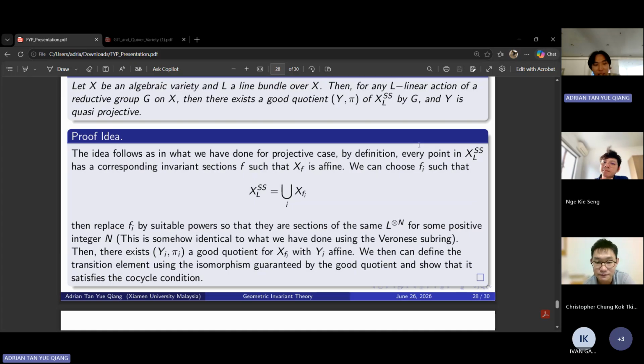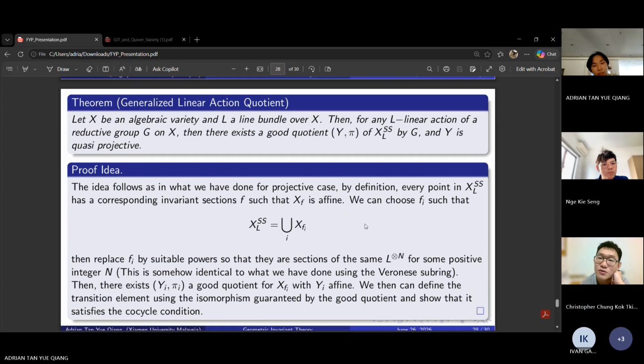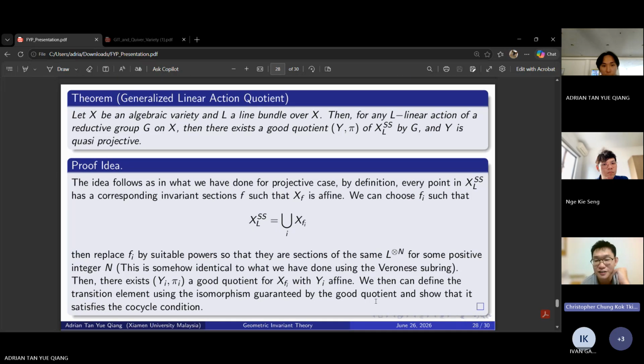I'm going to be honest, the line bundle over X touches a lot of stuff, and I was also questioning myself when I was reading this. So I think it is somehow identical to what I have done using the Veronese. That's why I put that. Okay, I think I can sort of see that, replacing it with the hyperplane divisor. Anyway, that's fine.